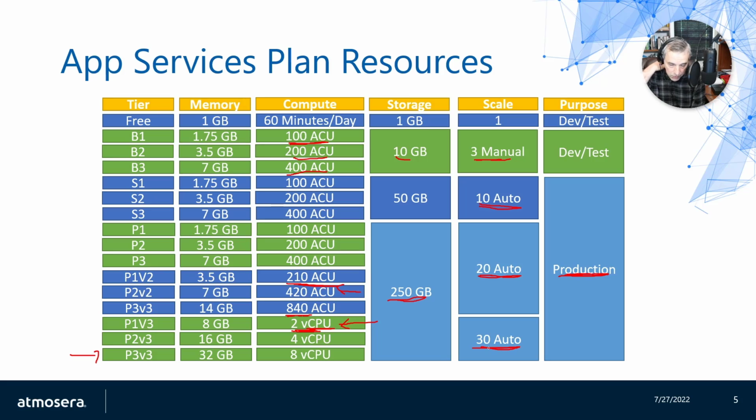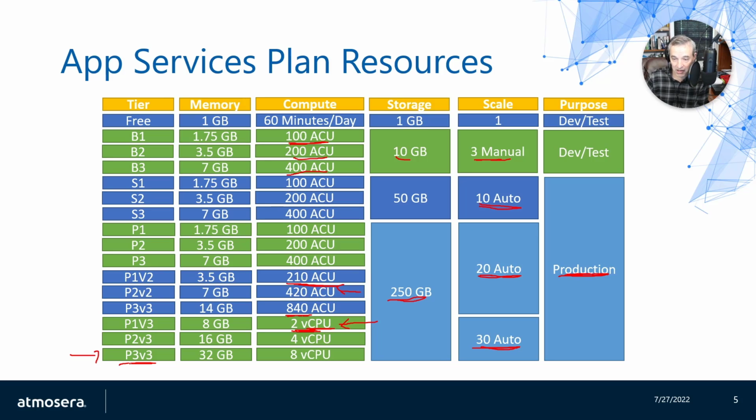And then once you reserve the capacity, you can take any of these plans and carve them up into as many app services as you can fit into the available resources in an app service plan. So I could probably cram quite a bit into one of these P3 V3s with 32 gigs of RAM and 8 cores.